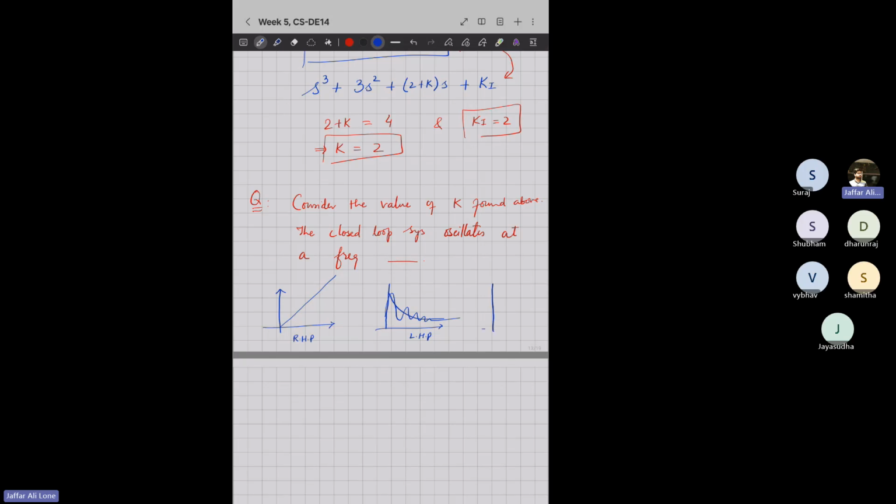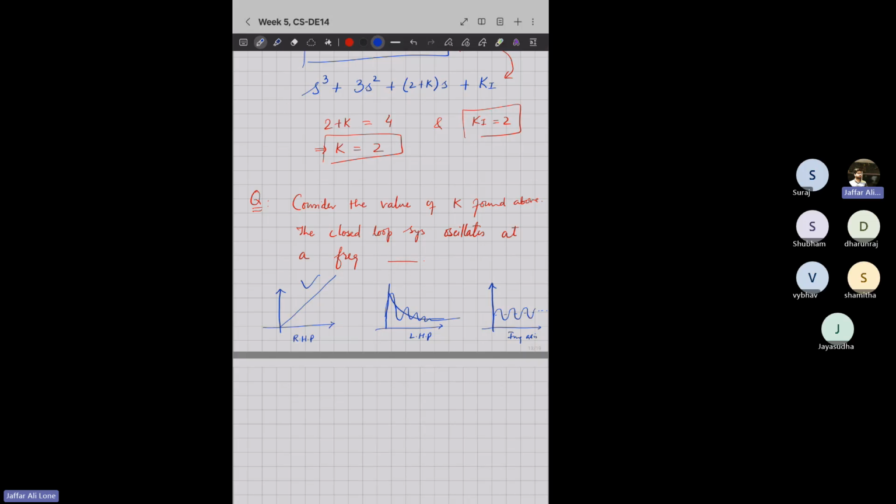If your poles are on the imaginary axis and they are not repeated (if they are repeated, they're like this), but if they are not repeated, then they are marginally stable. They will oscillate. They will not be stable and they will not be unstable. They will be marginally stable. It means they will oscillate with a frequency, and that frequency you have to find here.